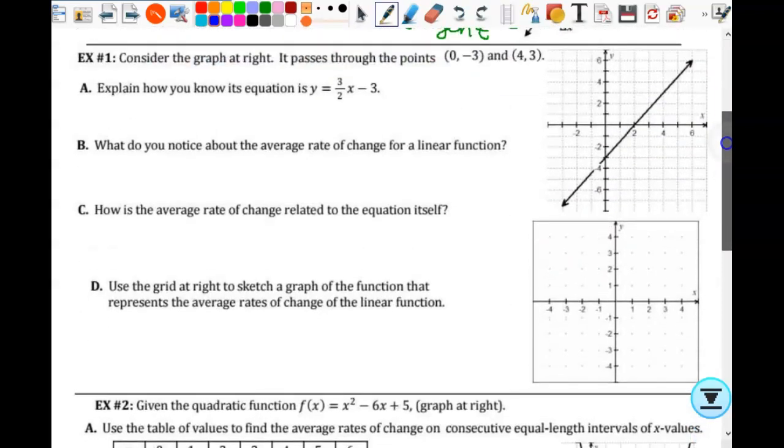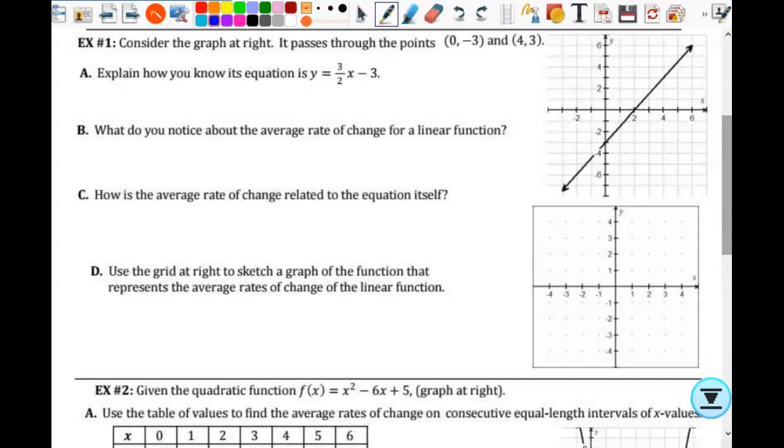All right, so now let's look at a line, because today we're talking about linear and quadratic functions specifically. So it says, consider the graph at the right. It passes through these points, (0, -3) and (4, 3). Then it says, explain how you know its equation is this. Well, we know how to find slope, right?